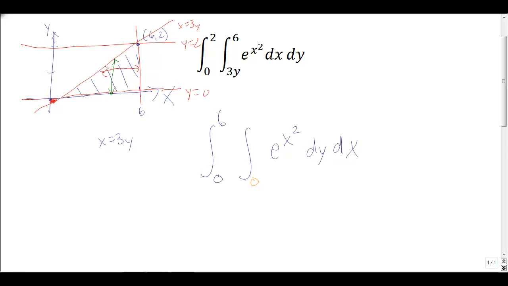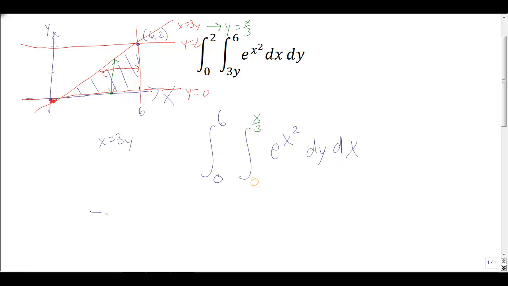We go from y equals 0 up to the function y equals, we have to solve x equals 3y for y. So that's y equals x over 3. So y goes from 0 up to, whoops, not y over 3, but x over 3. So there's our integral. Not so bad.